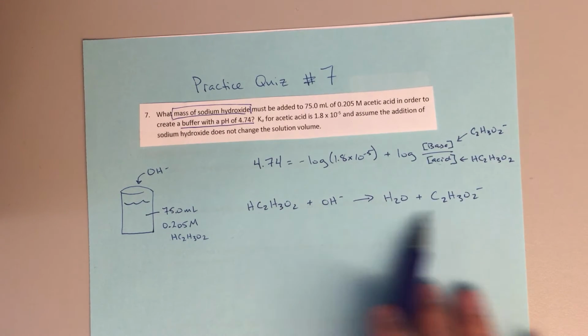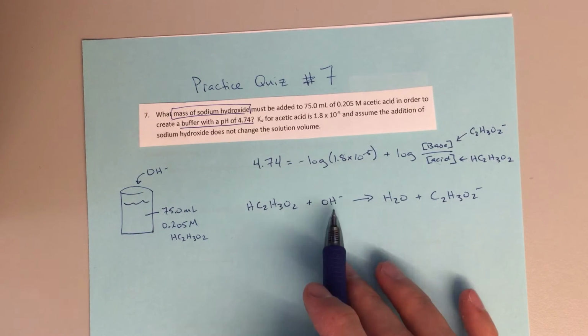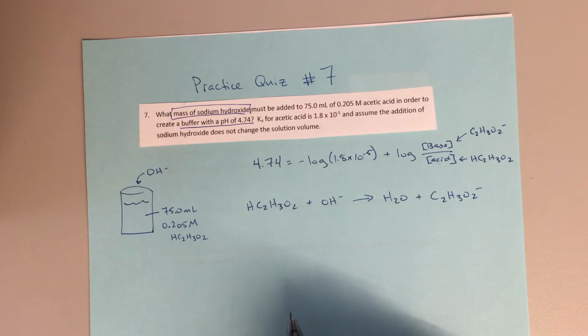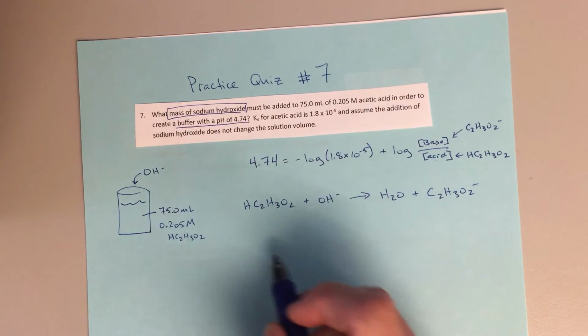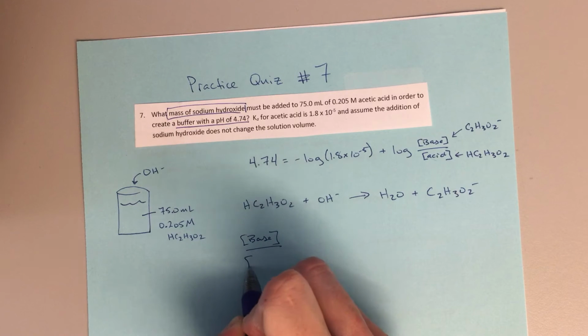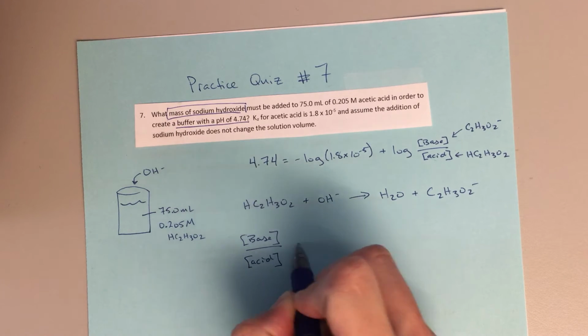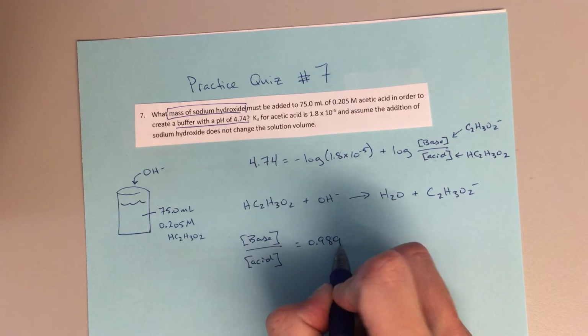And this reaction here is what is going on in this equation as I add in OH minus. So what I can do is take this top reaction and solve for base over acid, and that's going to equal 0.989.